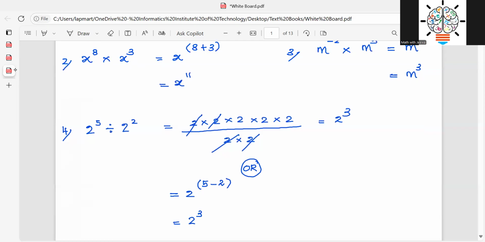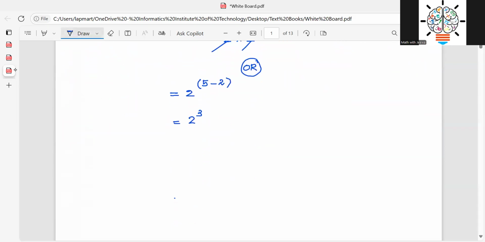Then let's say the same example I'll take here, x to the power of 8 divided by x to the power of 3. What you're supposed to do, you write x here, and inside the bracket you subtract this. So what will be the answer? X to the power of 5.